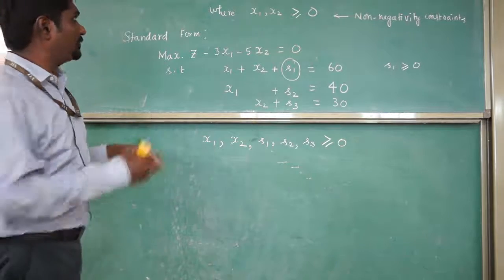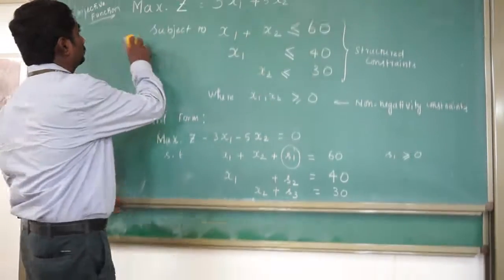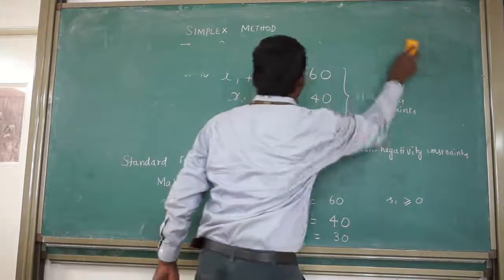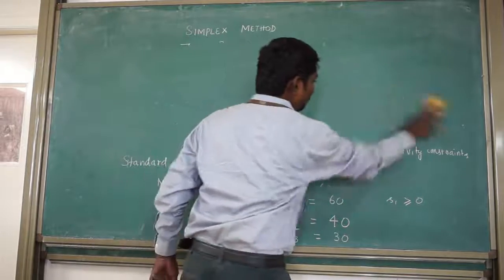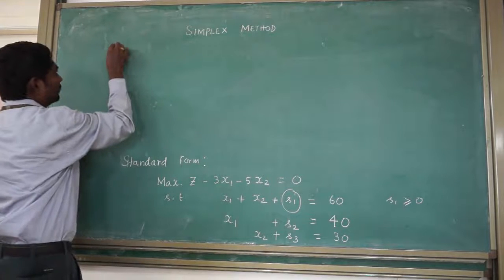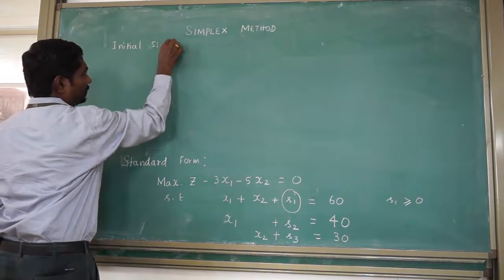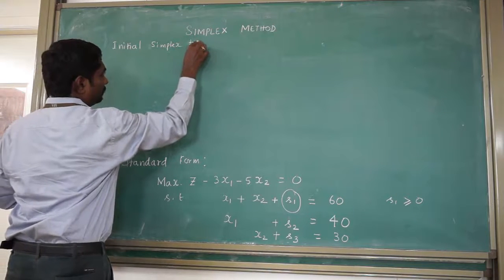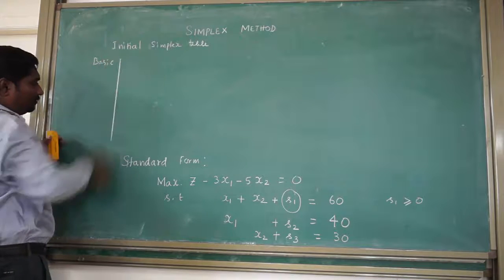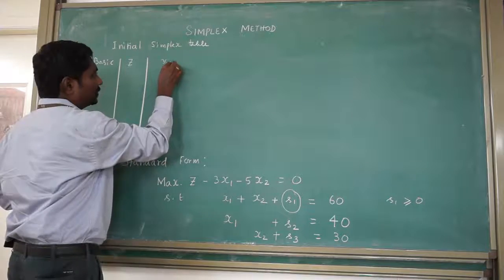To form the initial simplex table, what we will do is write the initial simplex table. The initial simplex table appears like this. It has a basic column followed by the Z column, then list down all the variables.